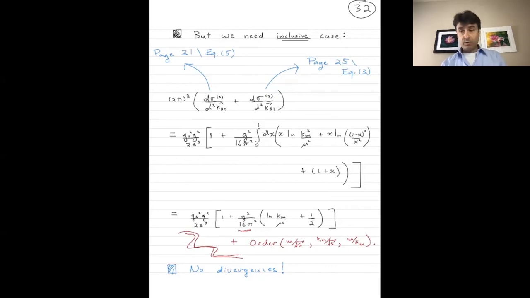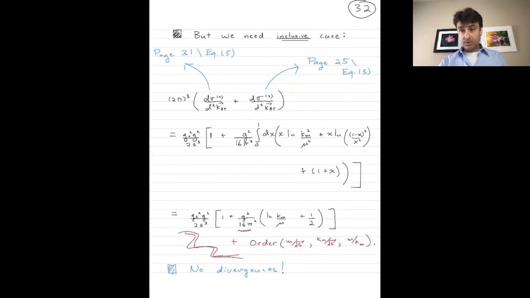Now, all of this, remember, we have to remember what kind of limits we're looking at. We're looking at the limits that km is small relative to the root s, so that we actually have collimated particles, that the transverse momentum is generally small. We're looking at km large relative to all the mass scales.